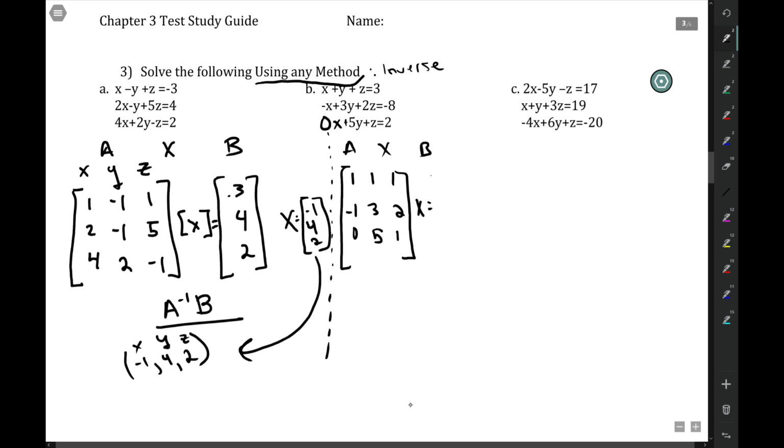X equals your B matrix, 3, -8, and 2. A inverse B gives you 5, 1, -3.